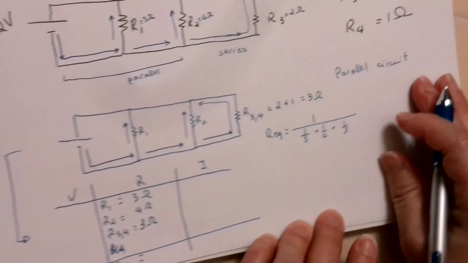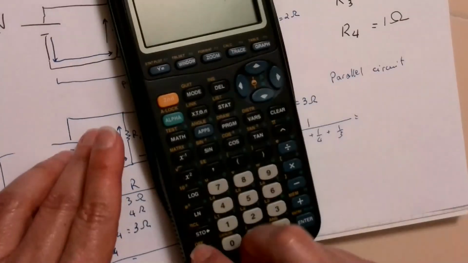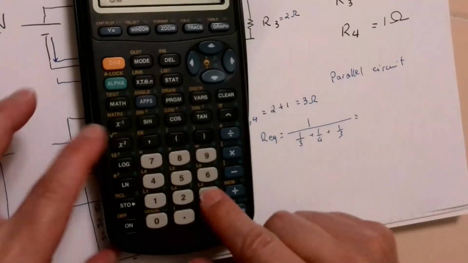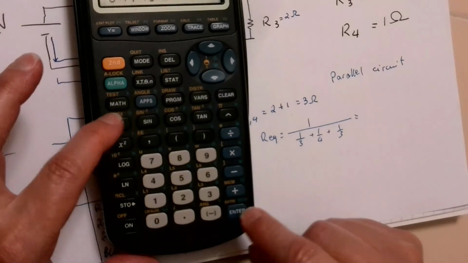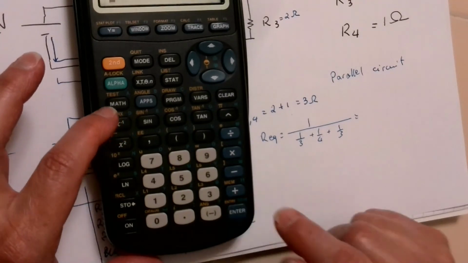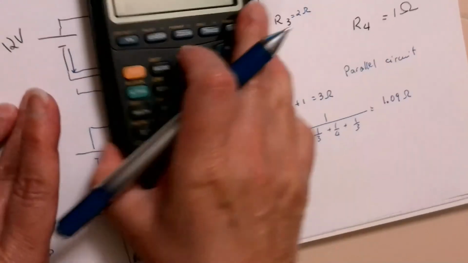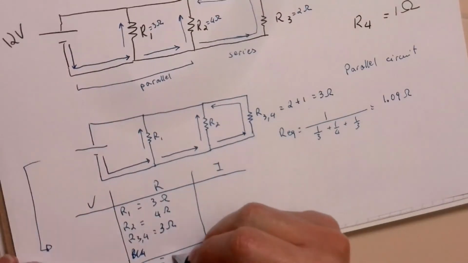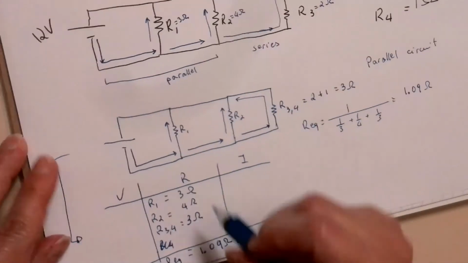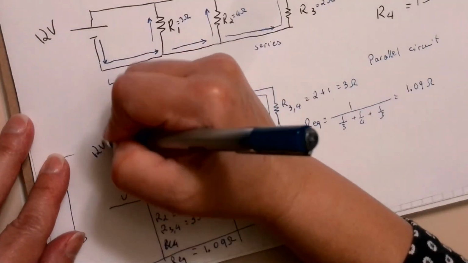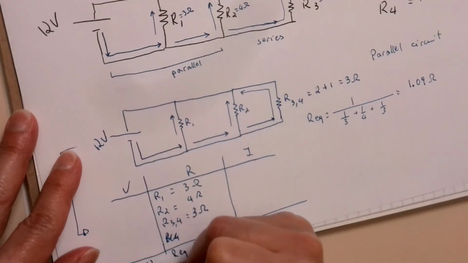Okay, so I will calculate this as I used to, right? And I'll do the 3 over and the 4 over and the 3 over, enter, over, enter. So this is 1.09 ohms. And this is the equivalent for this one, 1.09 ohms. Also, I gave you the 12 volts as a value for V equivalent, 12.